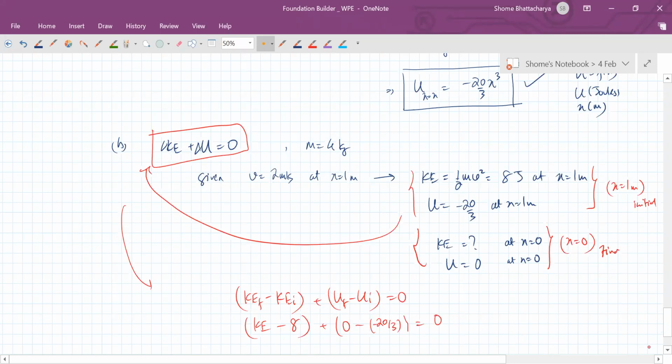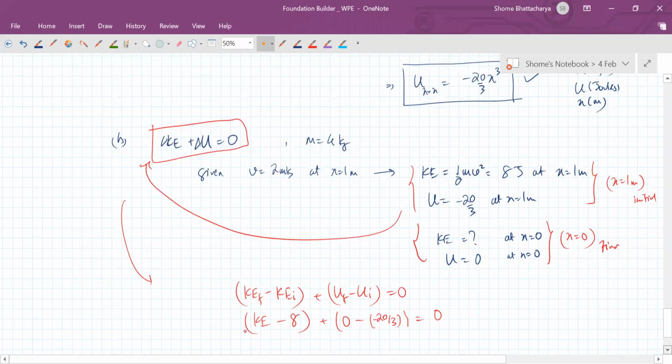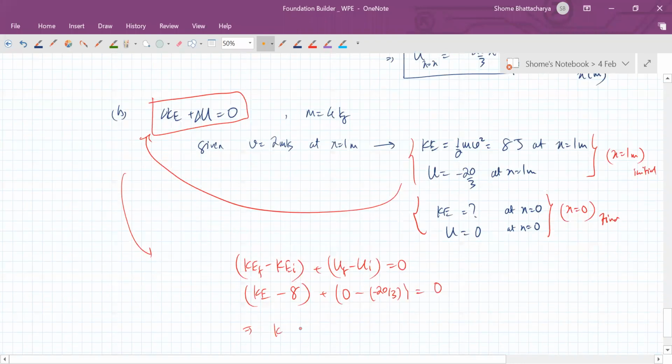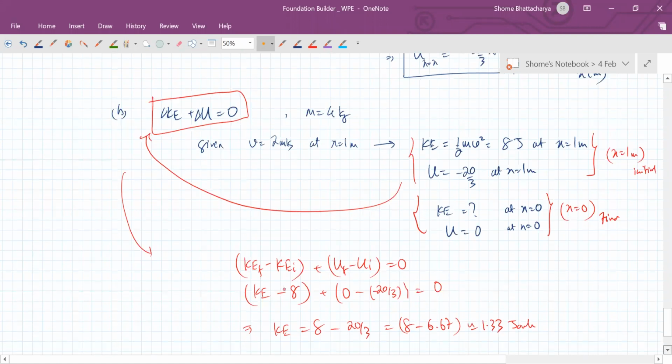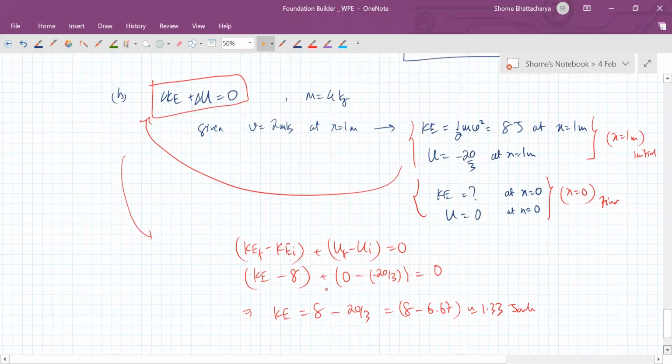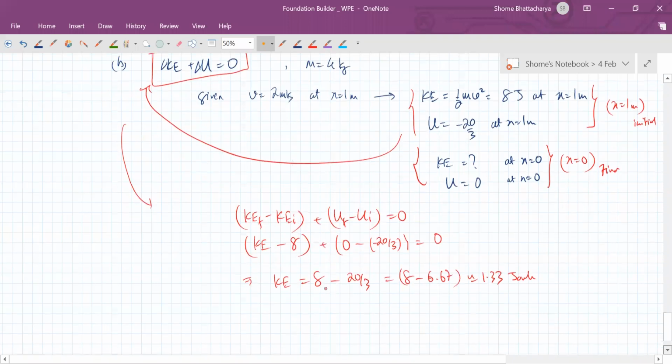So my kinetic energy becomes 8 minus 20 by 3, or 8 minus 6.67. So this is the kinetic energy at x equal to 0.